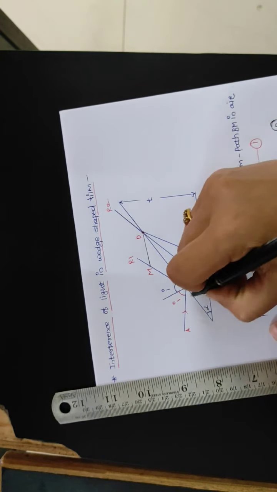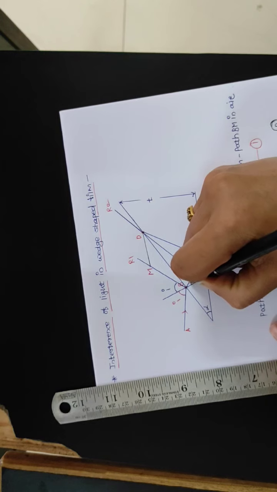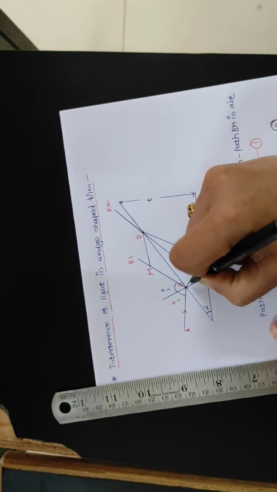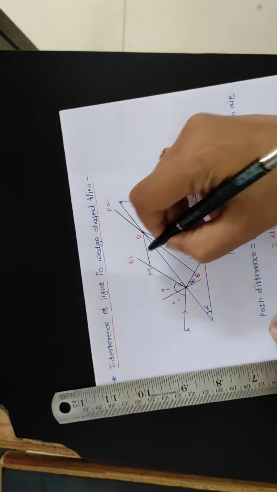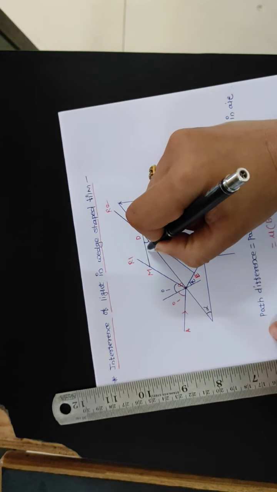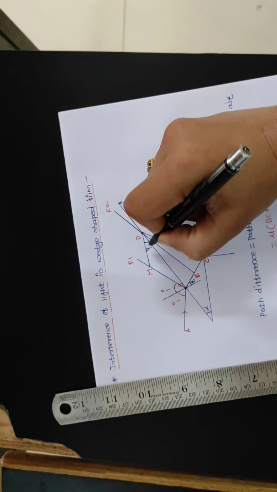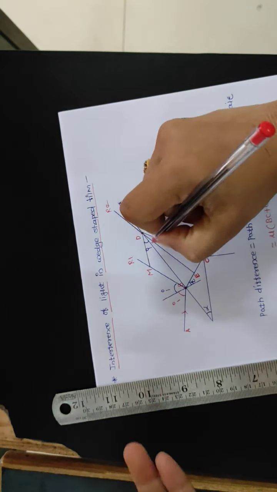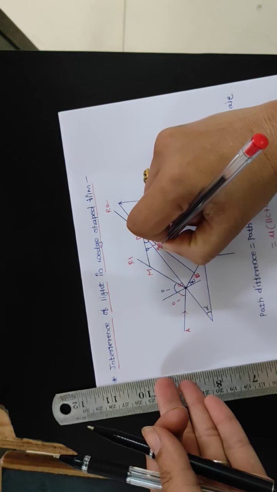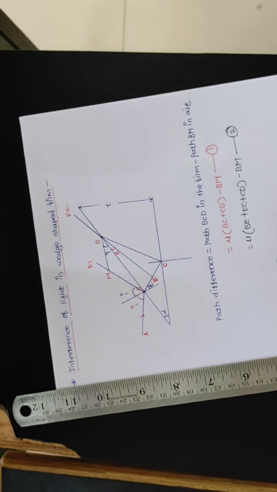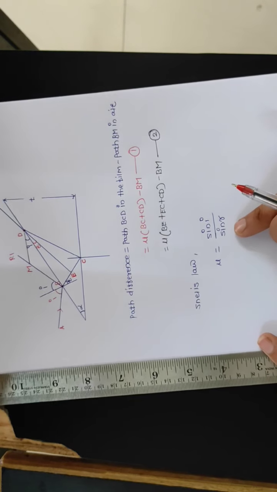This is the angle r, the angle of refraction. This is also the angle of incidence i, and this angle is r.